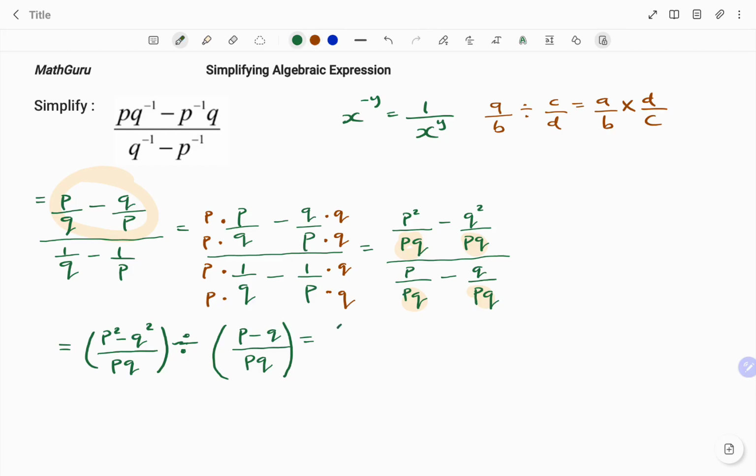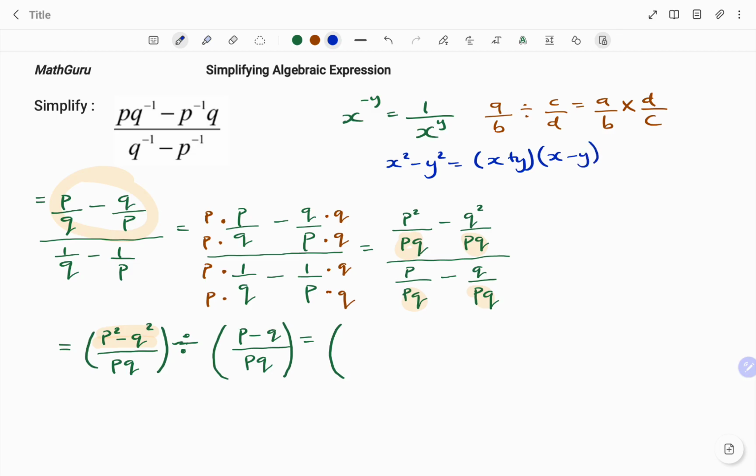Note that I'm doing two steps at the same time. My p squared minus q squared, that's a difference of two squares, and that states that if I have x squared minus y squared, if I factorize, that's x plus y, multiplying x minus y.